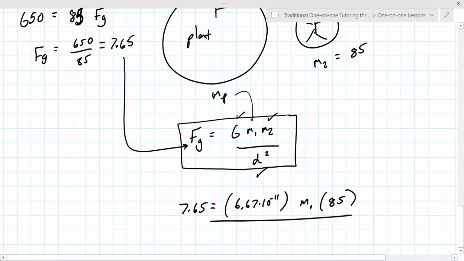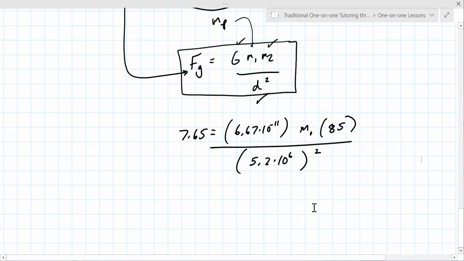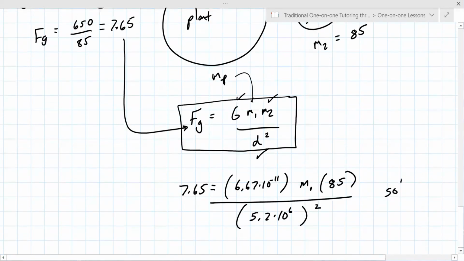And we know the distance between them is 5.2 times 10 to the 6 meters. Okay, so you're solving for M1 here.